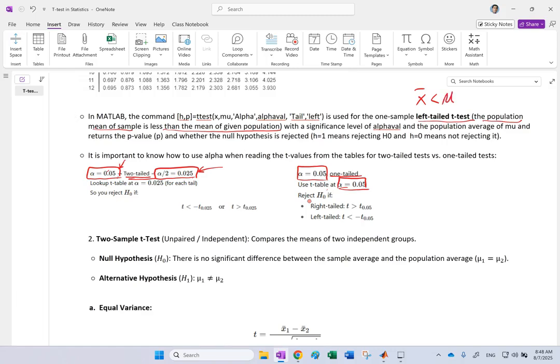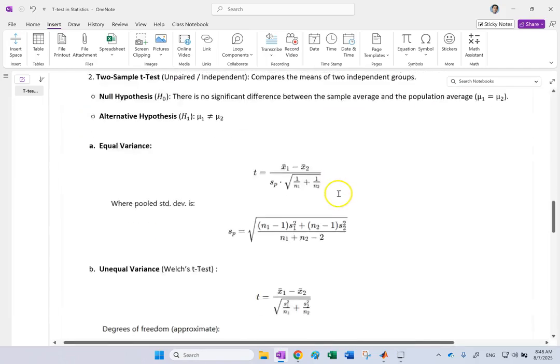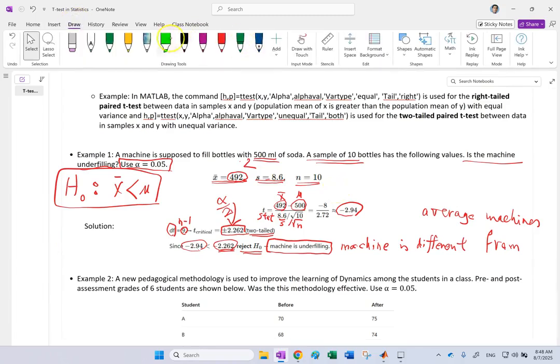This is called a left-tail t-test. If I assume X bar is bigger than mu, that is called a right-tail t-test. What I'm doing here is a left-tail t-test, so I have to compare my t statistic against negative of t at 0.05. And if you remember, t at 0.05 was this number, 1.833.